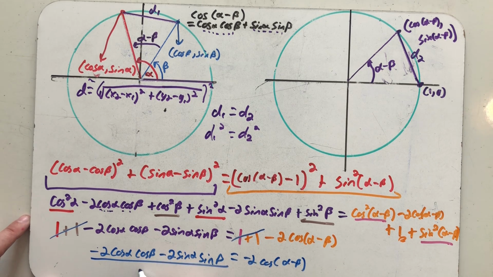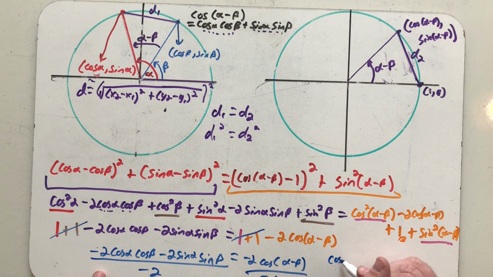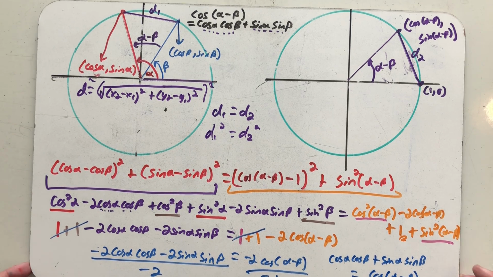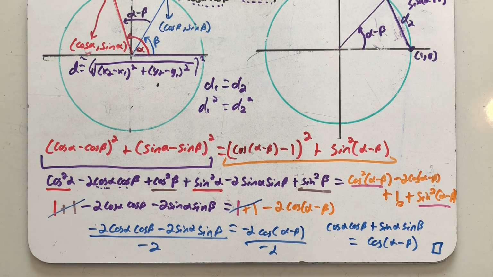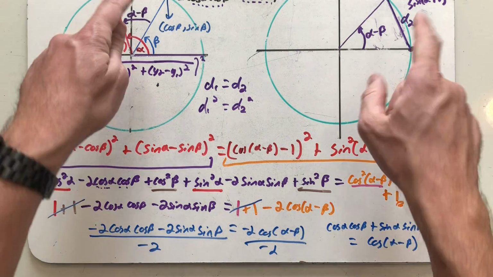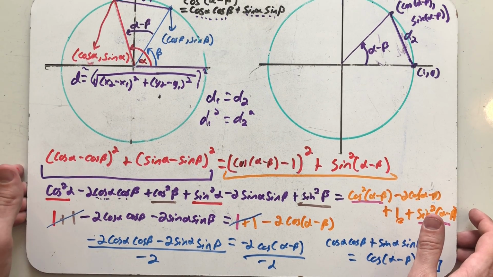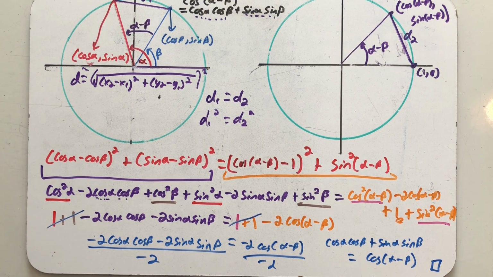If I just divide everything by minus 2, I've arrived at cosine alpha cosine beta plus sine alpha sine beta is equal to the cosine of alpha minus beta. And we have verified the identity that we set out to verify. Because these two lengths are the same, the difference formula for cosine has to be true. And that's it for now.